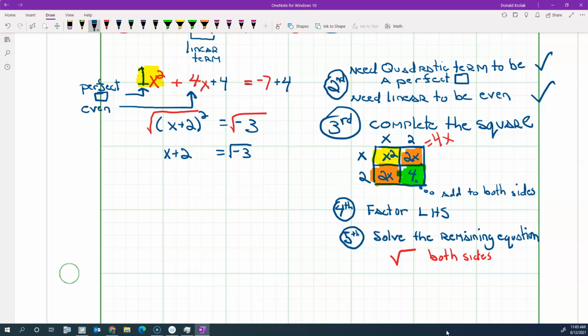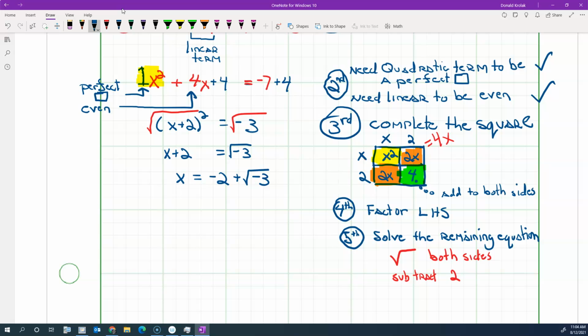Then we're going to subtract 2. And that's going to give me x equals negative 2 plus the square root of negative 3.